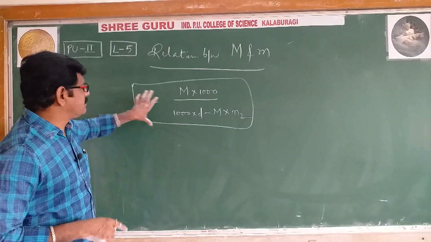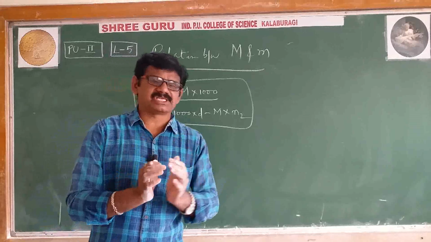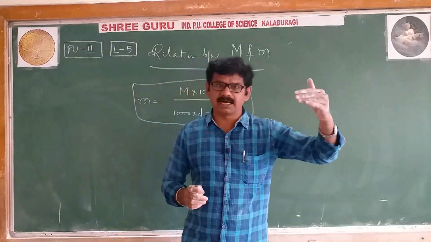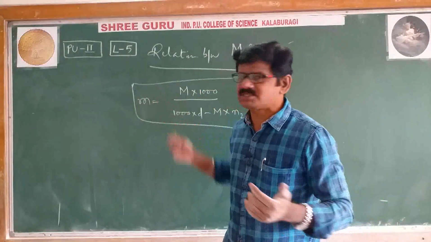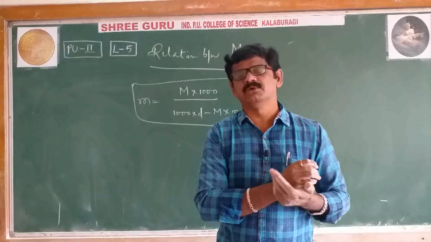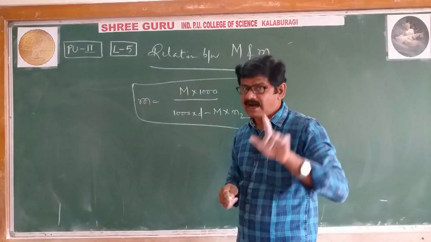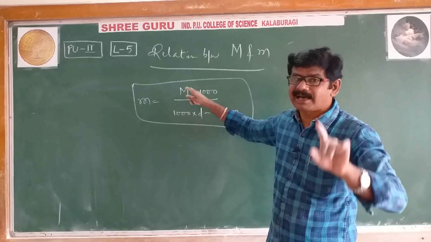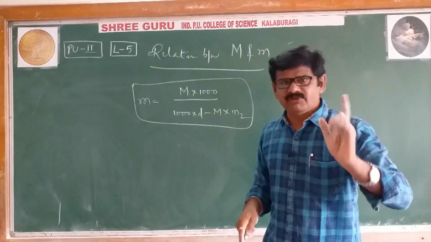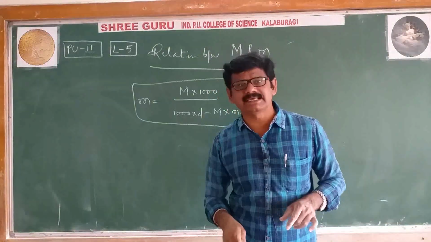Then what is the use of this formula? Very simple. In a question, if molarity is given and molality is asked, we can use it, or vice versa. Means if molarity is given, we can calculate molality, or if molality is given, we can calculate molarity. If one value is given, the other value we can calculate easily.